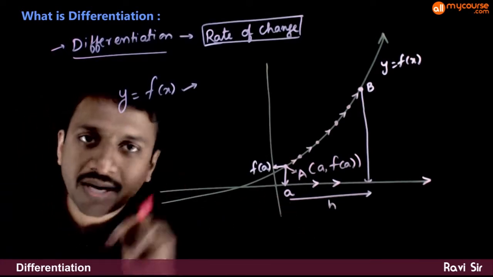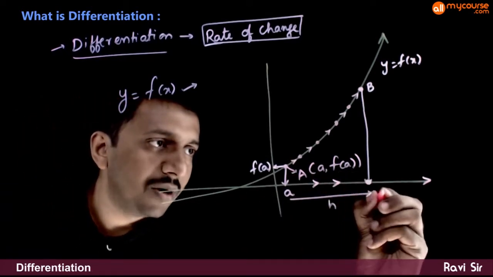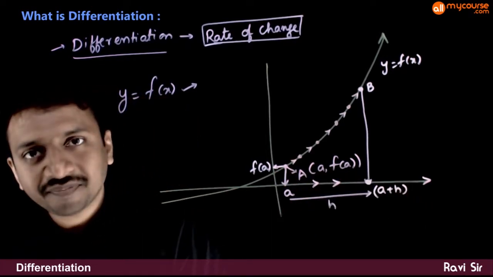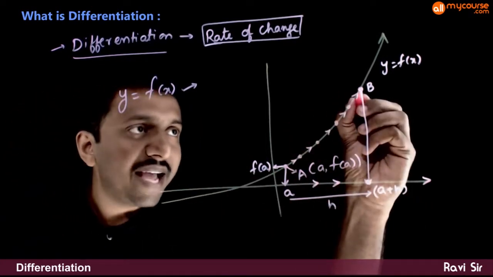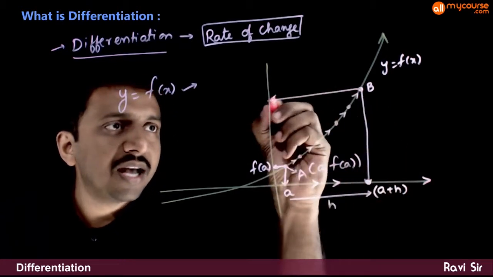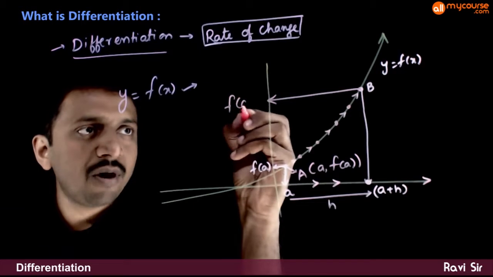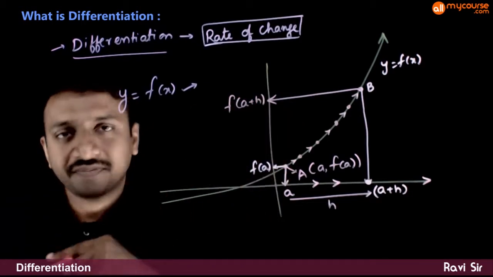So if this x coordinate is a, what will this x coordinate be? It's nothing but a plus h, right? Now if the x coordinate is a plus h, correspondingly what is the y coordinate? It is nothing but f of a plus h.